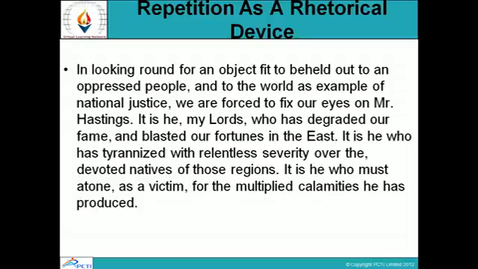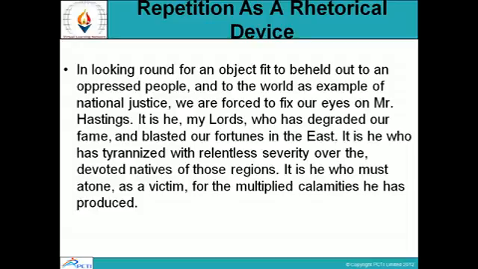In looking round for an object fit to be held out to an oppressed people and to the world as a pattern of national justice, we are forced to fix our eyes on Mr. Hastings. It is he, my lords, who has degraded our fame and blasted our fortunes in the East.